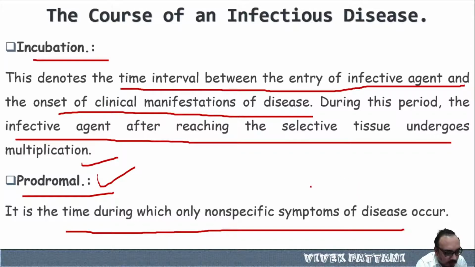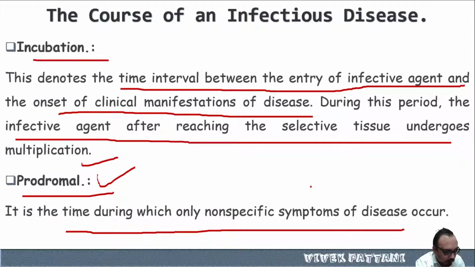It is the time during which only non-specific symptoms occur. For example, say we are discussing a disease whose main symptom is diarrhea. Once the pathogen enters the body, after the incubation period, it will start showing some symptoms.